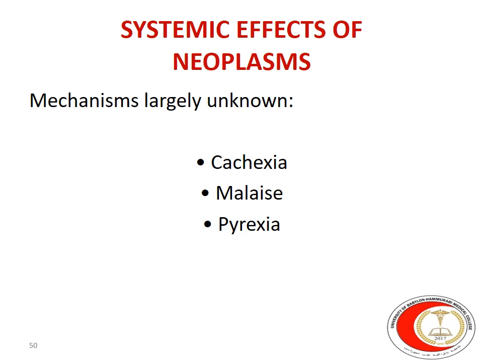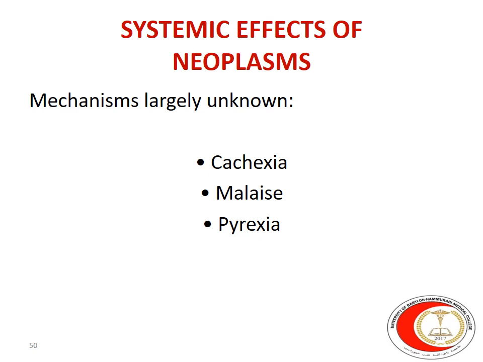There are also several other systemic effects, like cachexia, which is loss of weight, muscle atrophy, and loss of appetite in someone who is not actively trying to lose weight. This is the definition of cachexia.